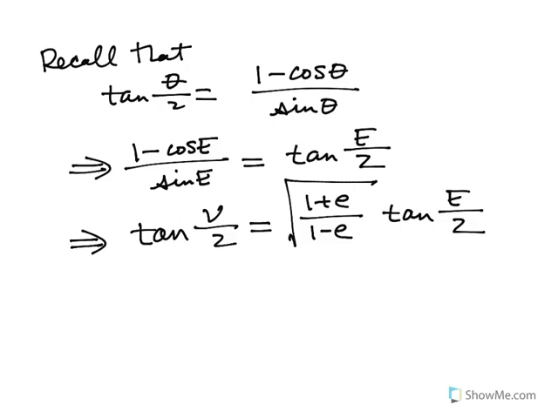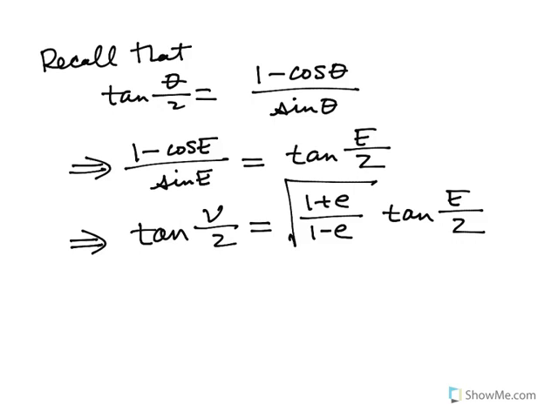Now here is a place where we have to be a little bit careful when we actually figure out the angles themselves. This is a relationship between the tangent of nu over 2 and the tangent of e over 2. But what we're really interested in is nu, the relationship between nu and e directly, not just the tangents, right?